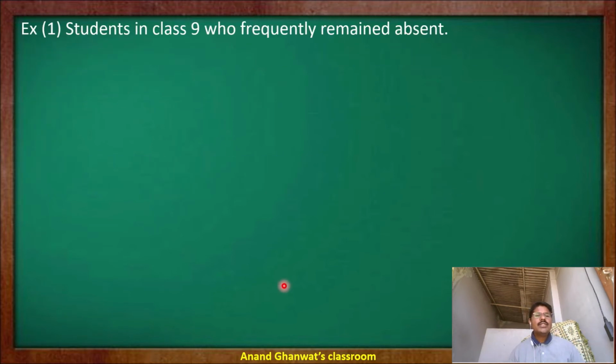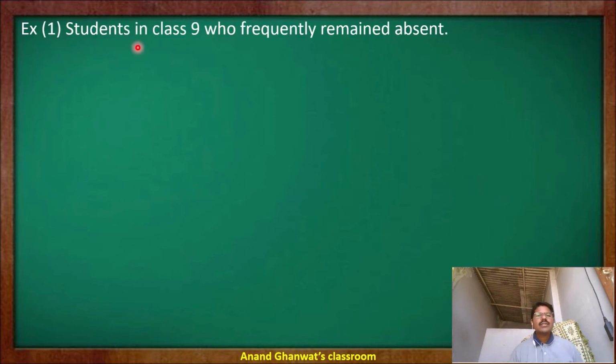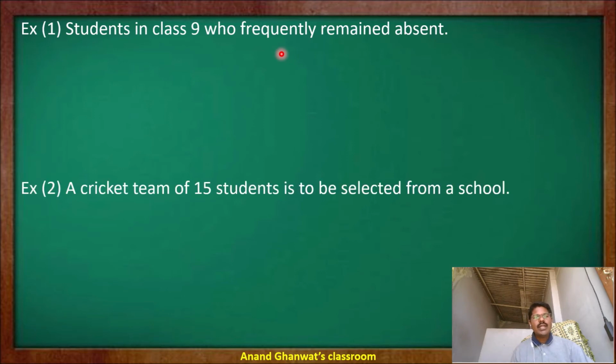Now let us discuss what will be the universal set of the given example. Students in class 9 who frequently remain absent. For finding students in a class who frequently remain absent, we have to consider all the students in the 9th class. So all the students in the 9th class is the universal set of the given set.